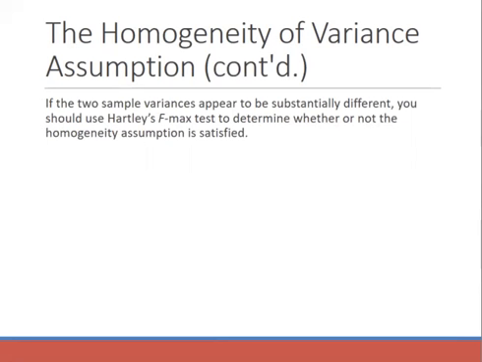The way we test this is a test called Hartley's F-max test. It's a null hypothesis test, and the null hypothesis in this test is that the variances are equal, that the sample variances are very similar. In this case, we're actually hoping that we fail to reject the null hypothesis.